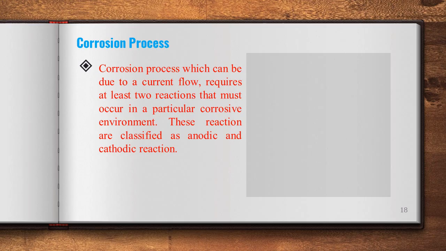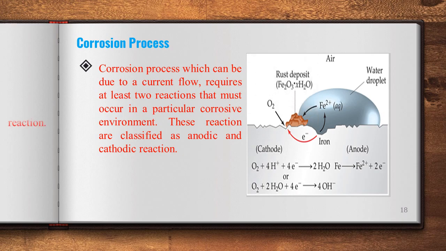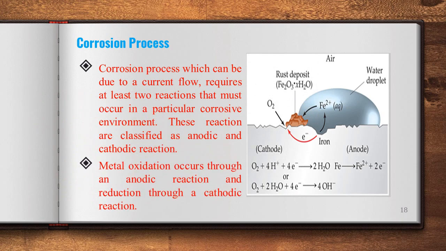These reactions are classified as anodic and cathodic reaction. Metal oxidation occurs through an anodic reaction and a reduction through a cathodic reaction. It can be seen that at anode, the metallic ion loses electron by the oxidation process and these electrons are used up in the cathode area. And the iron, in the presence of air and water droplet, forms the rust.